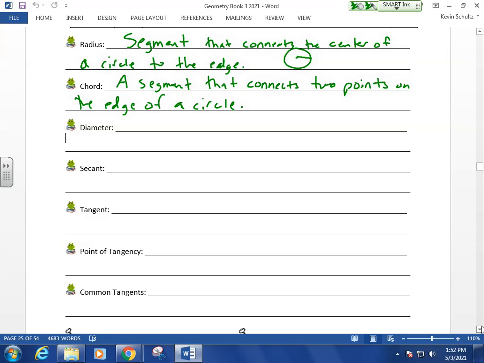A segment that connects 2 points on the edge of a circle. So essentially, it's a segment going through the circle. That would be an example of a chord. It's got endpoints on the edge of the circle.